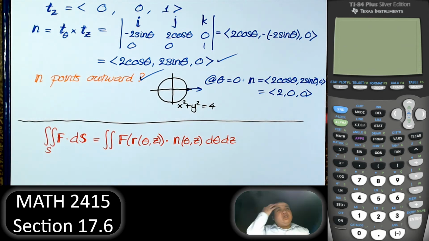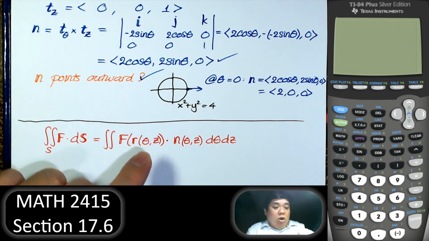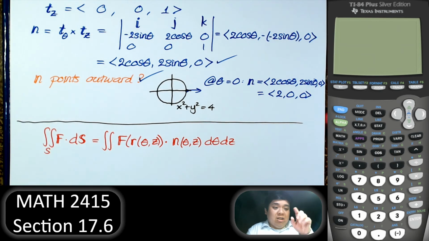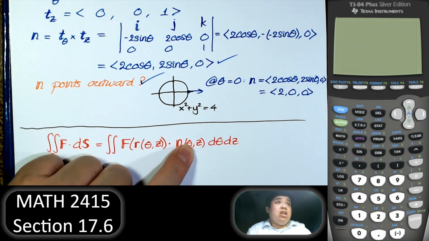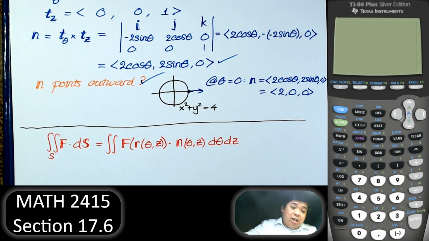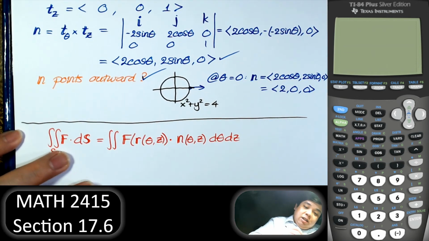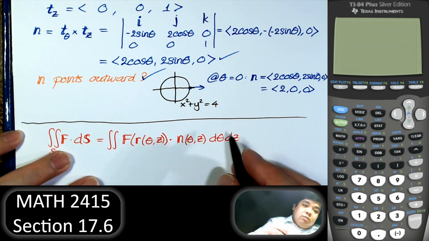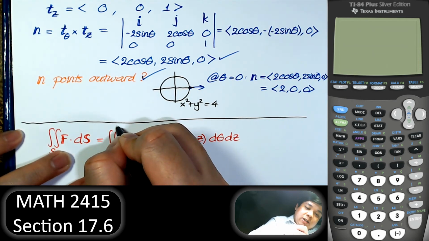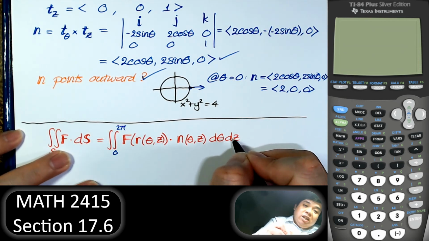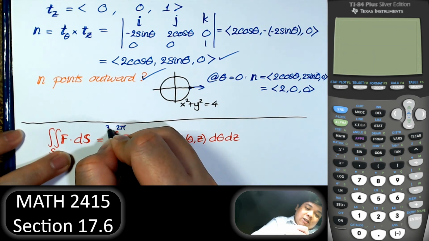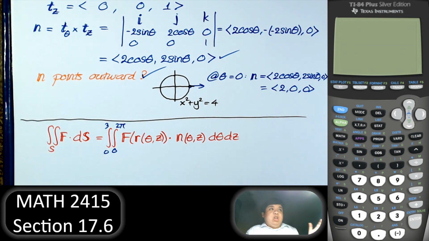There's no r d theta, so there's nothing like that here. Like I said, everything is in terms of the parameters. In that case, that's just the limits: theta from 0 to 2 pi, and z from 0 to 3. Yeah. So if we write like that, this will be fine.